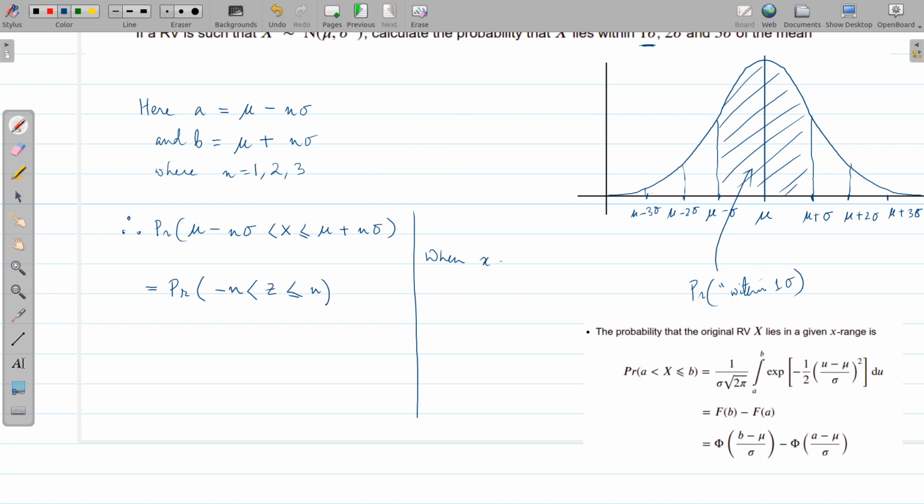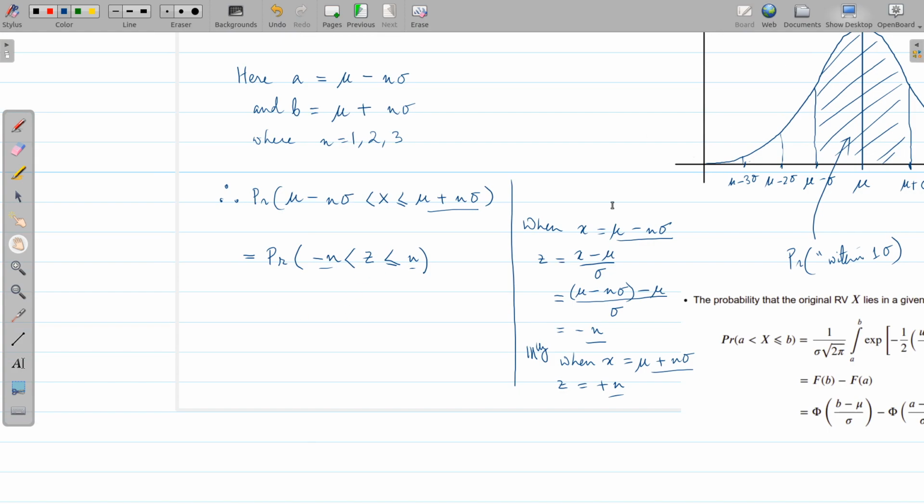When x equals mu minus n sigma, what will be the value of z? We know z is equal to x minus mu by sigma. Substituting x, we get mu minus n sigma minus mu, divided by sigma, which gives minus n. Similarly, when x is equal to mu plus n sigma, z will be equal to plus n. So when x lies between these, z lies between minus n and plus n. That's how you got this probability. Okay, everyone, is this clear?